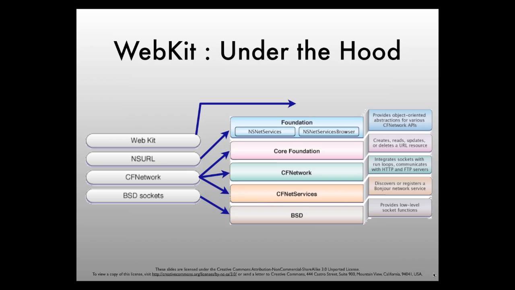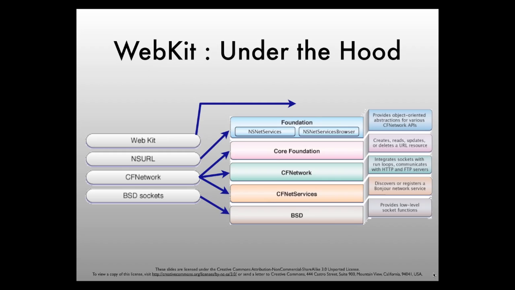Diving a little bit deeper and looking at the layers of the API, WebKit sits up at the very top at the highest level abstraction. Next to is the CFNetwork Foundation. The NS Net Services foundations handle things like the APIs for the core foundation networking code down below.